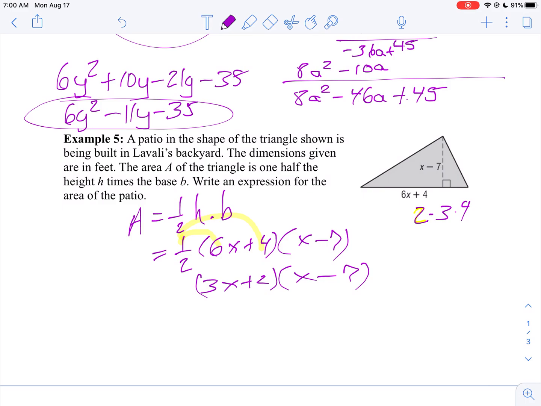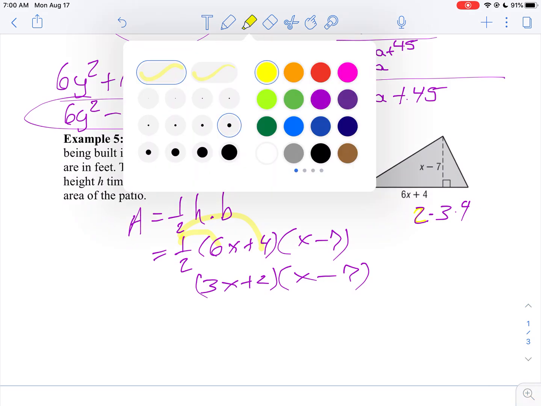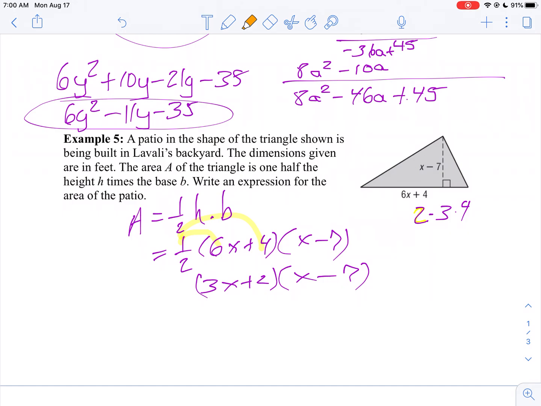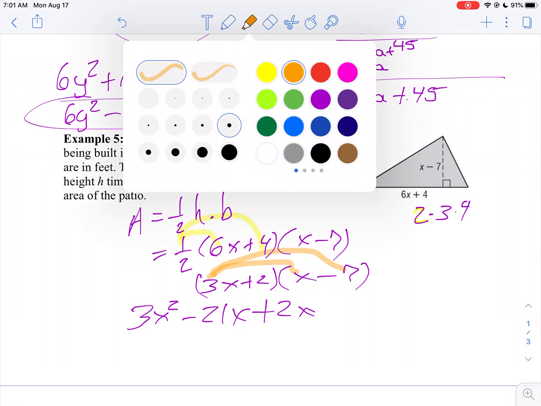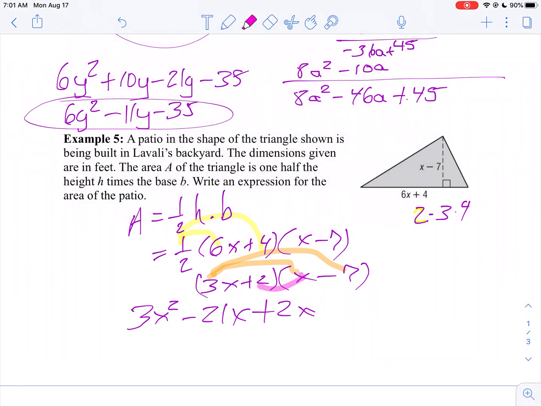So double distribute. You notice I don't like to use the word FOIL because that sounds too much like magic. Mathematically, we're distributing. 3x times x is 3x squared. 3x times negative 7 is negative 21x. 2 times x is positive 2x. I should draw my arrow there so you can see what we're doing. And 2 times negative 7 is negative 14.